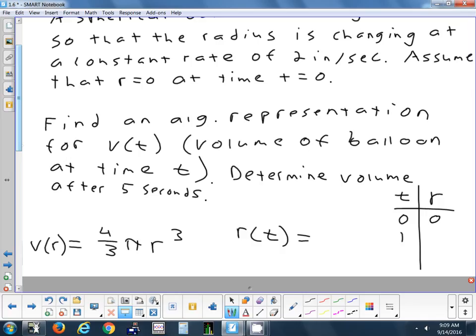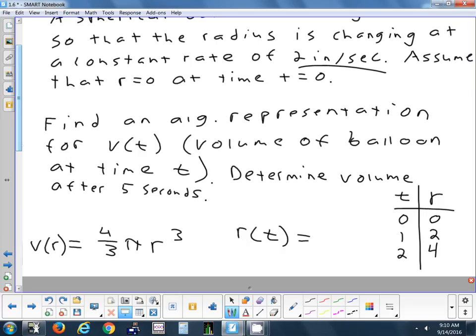How about at 1 second? 2. And then 2 seconds? 4. So now if you really had to, you could take these 2 points and find the equation of the line. But does anybody see, when you see your y-intercept, what's your slope here? 2. Your slope is your rate of change. That's what slope always is.